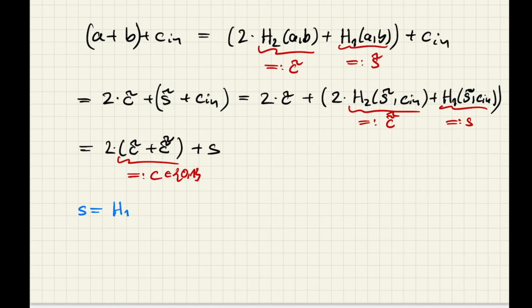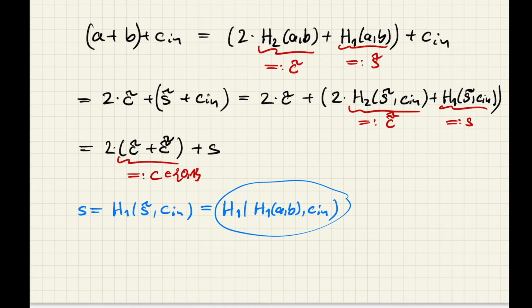So we have h1 of s tilde and cn, which is the same as h1 of h1 ab in the first component and cn in the second component. And then we just have to think about how to do the wiring in circuitviz. But basically it's just reading the formula and realizing this with click and point.